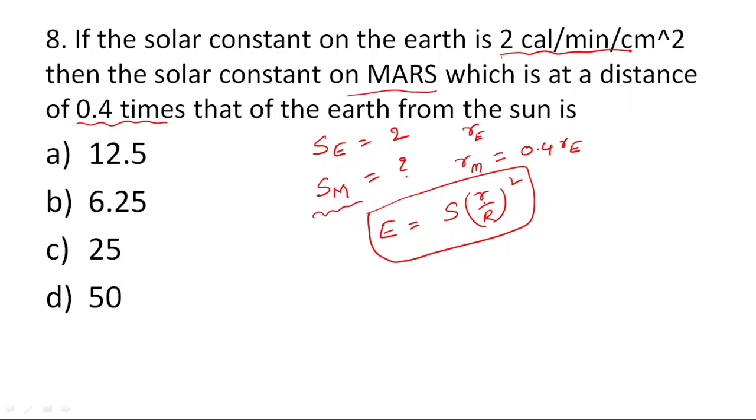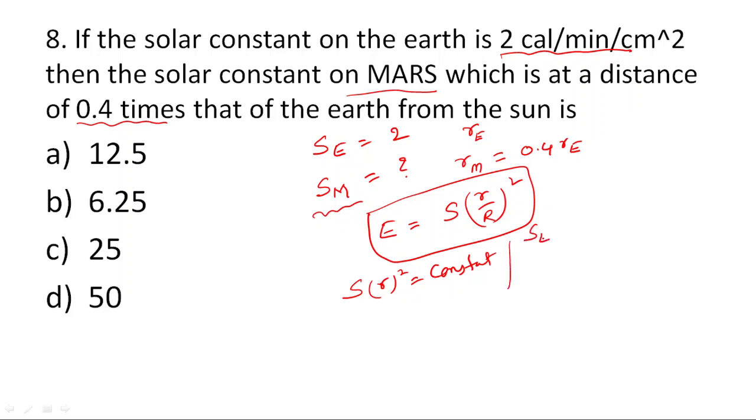So what we conclude from this formula is that S into r square is equal to constant, because in these two situations the Sun is constant, so R is constant and E is also constant.